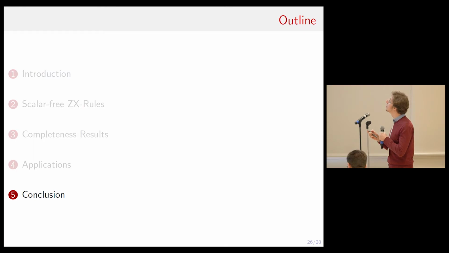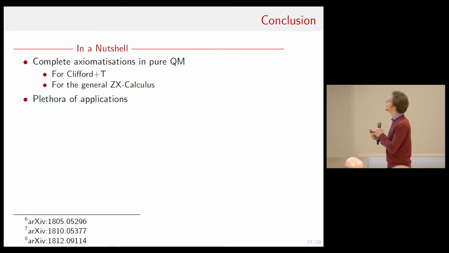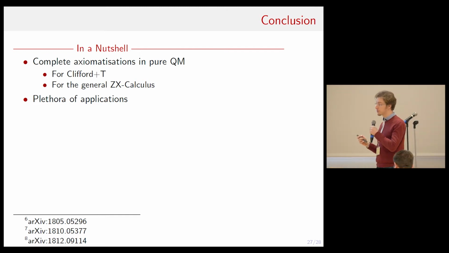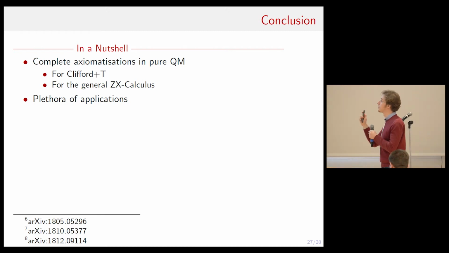All right. So let's wrap things up. We have given two complete axiomatizations for pure quantum mechanics for the ZX calculus. One for Clifford+T and one for the general ZX calculus, so the unrestricted language. There are a lot of applications.